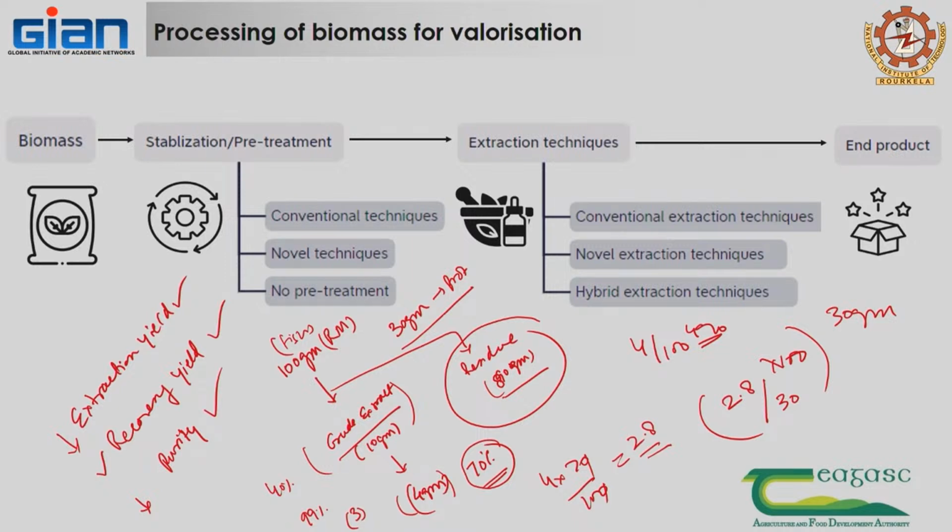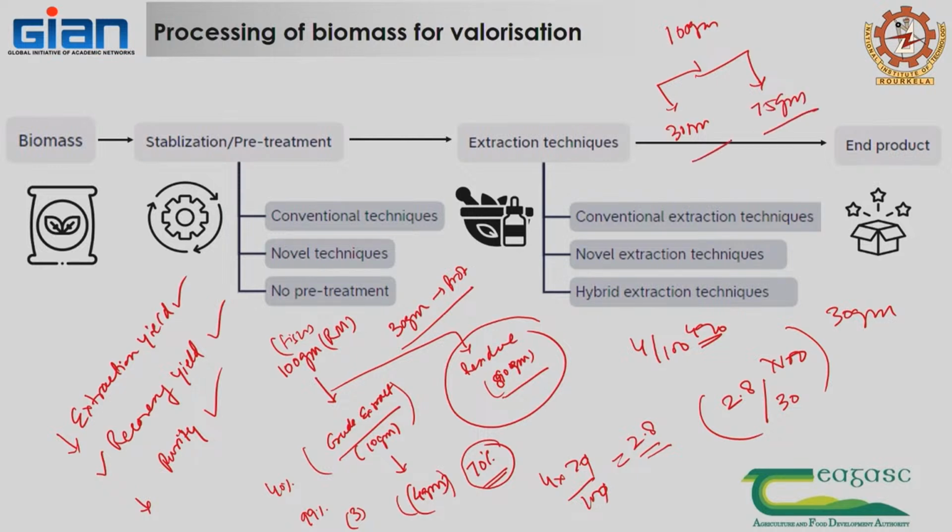Sometimes it happens that you get your crude extract or recoverable extract, this plus this, more than your starting material. Suppose you started with 100 grams, I am just stopping it here, crude extract you got 30 grams and residue you got 75 grams.